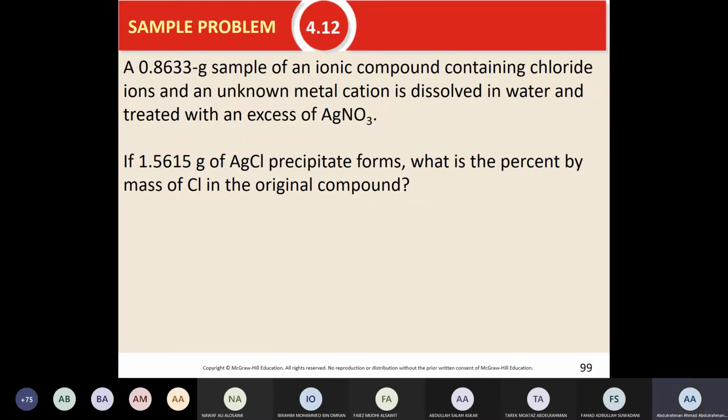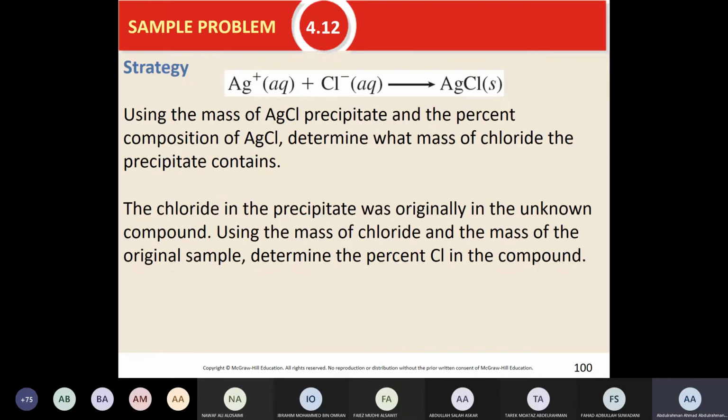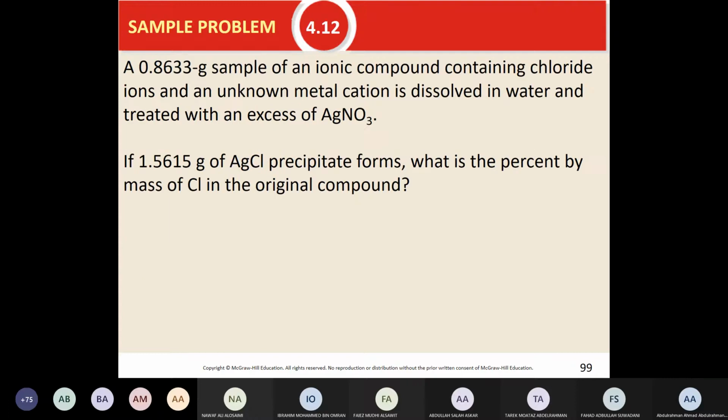All right. Now, for this problem, as I said, what you need to do to solve it is take 1.5615 grams AgCl.